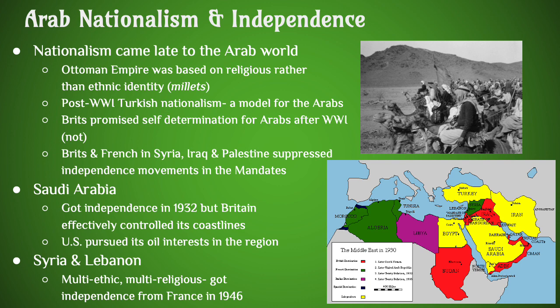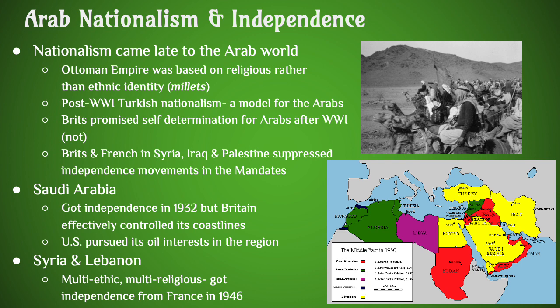The British had no real interest in giving the Arabs true independence after World War I. And both the British and the French suppressed all of those independence movements in the mandates that they controlled. If you recall, after World War I, they broke up the Middle East into these mandates that were controlled by Britain and France.